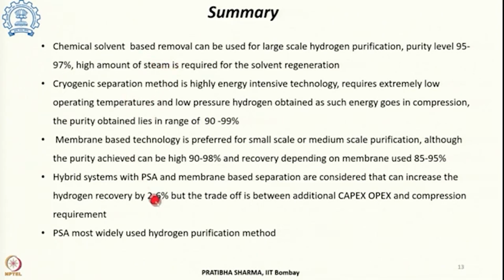Pressure swing adsorption with membrane based separation can increase the hydrogen recovery by say 2 to 6%, but there remains a trade off in the additional cost that gets added, like CAPEX and OPEX. At the same time, in membrane based separation the pressures of hydrogen obtained are lower, so a compression unit needs to be integrated. That again adds to the energy and cost requirement.